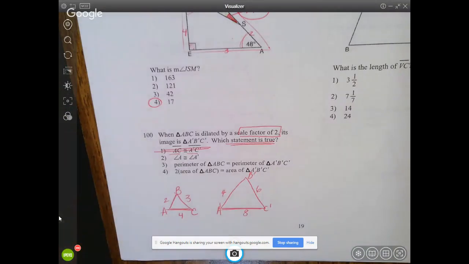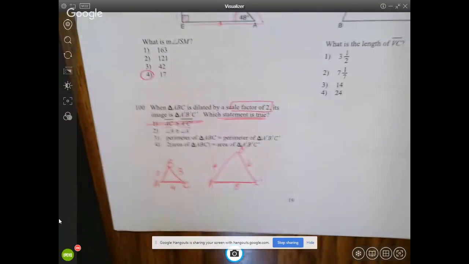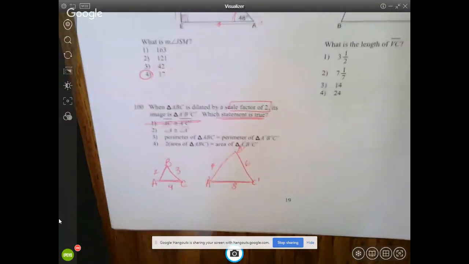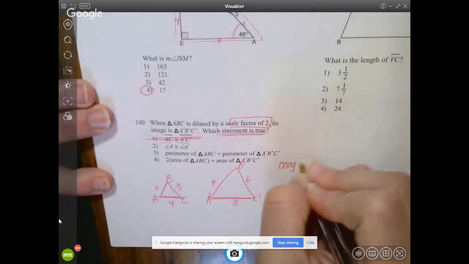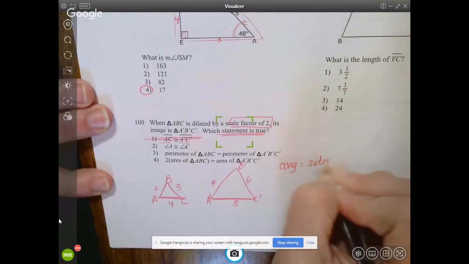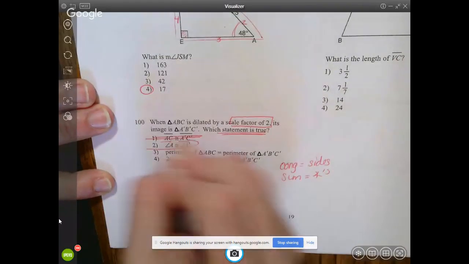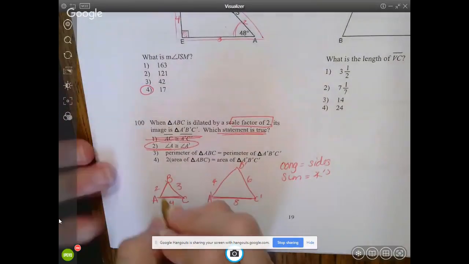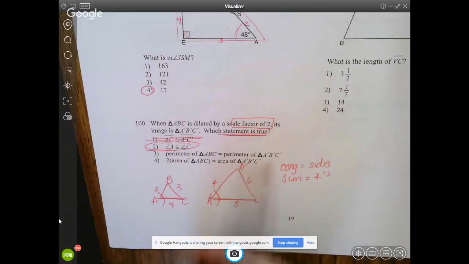Now, when it comes to congruence and dilation, we don't get congruent shapes. What we get is similar shapes. Congruent deals with the sides. Similarity deals with the angles. So it's actually choice 2 because the angle measures have to be the same. The perimeters aren't going to be the same because if we add this up, we get 11.